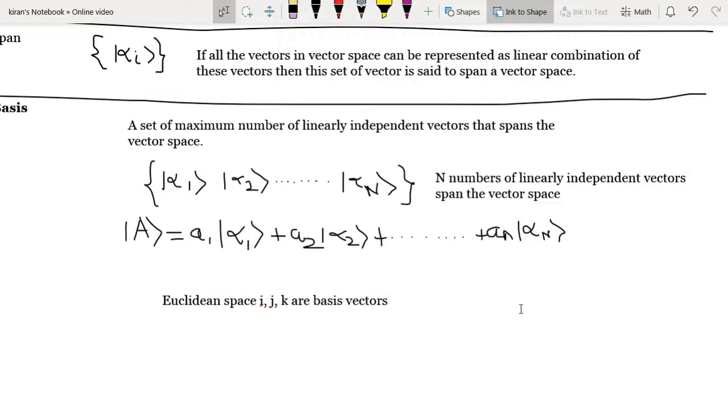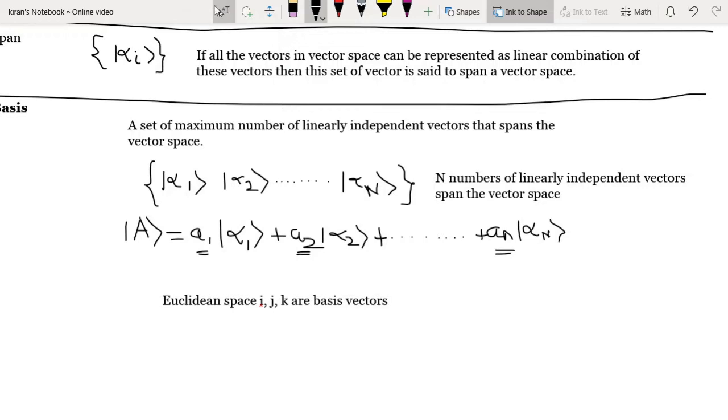Similarly, over here in an n-dimensional vector space, we haven't discussed the dimension of a vector space yet, but we are going to represent a vector as a linear combination. So these coefficients a1, a2, up to an are similar to the components along i, j, and k.